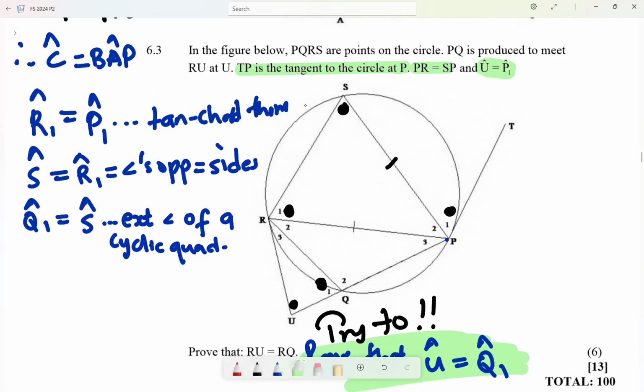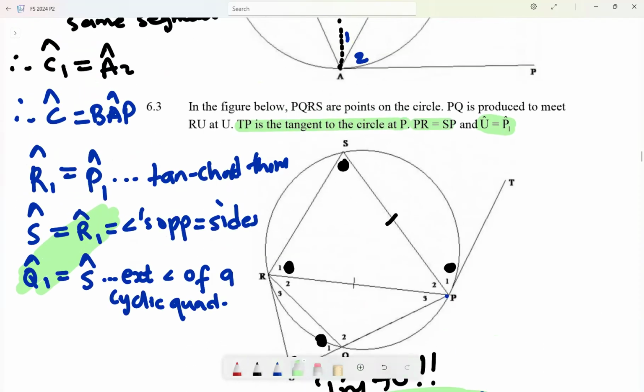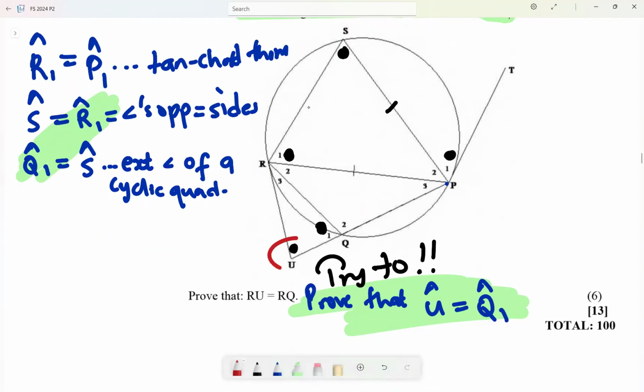If angle Q1 is equal to angle S, and angle S was equal to R1, this is a match there, and this is a match there. And remember the common one that we started with, that we were given, angle U, this one and this one.